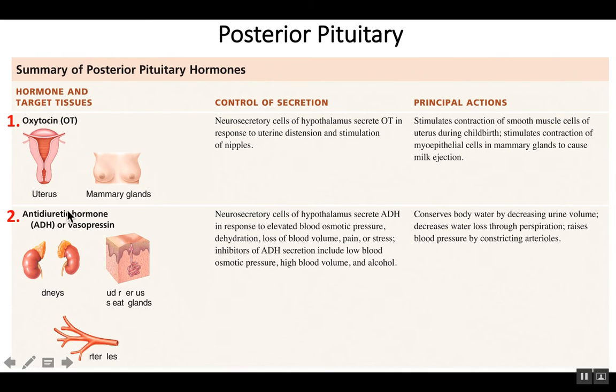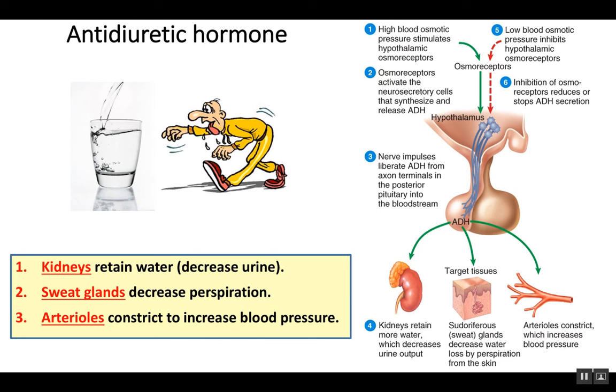The next hormone is known as antidiuretic hormone. Antidiuretic hormone is an important hormone that conserves fluid in the body. In fact, we are going to use the next image to help clarify antidiuretic hormone. Antidiuretic hormone is produced when the body is extremely dehydrated. That dehydration is detected by what's called osmoreceptors of the hypothalamus.